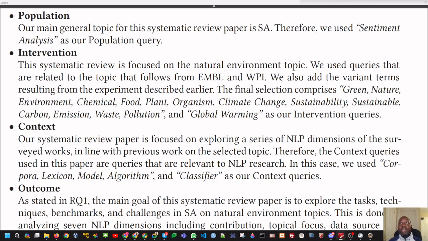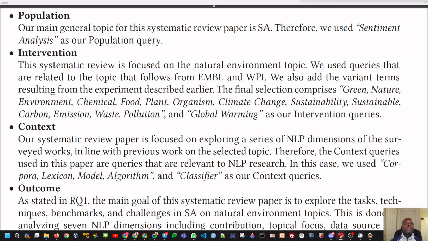They looked into their area and looked for some standards, some frameworks which they can use. So this is domain specific because they are focusing on the natural environment. So it's quite normal for them to look to the European Molecular Biology Laboratory and the Worcester Polytechnic Institute, which look at the natural environment.